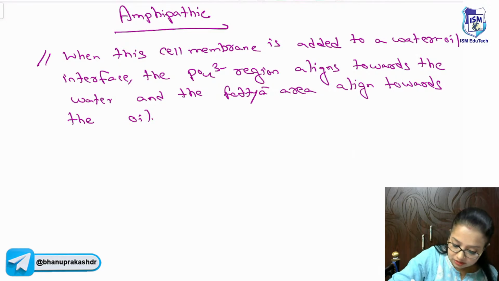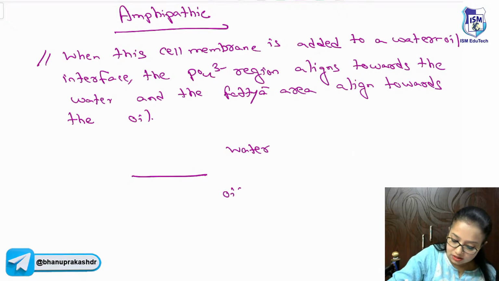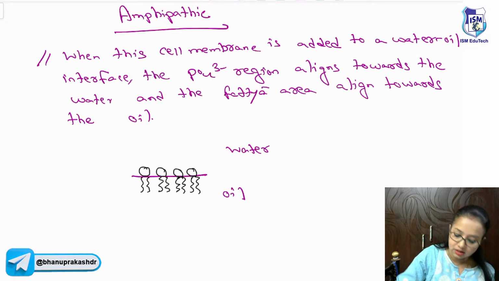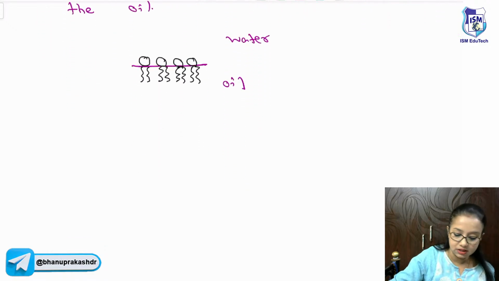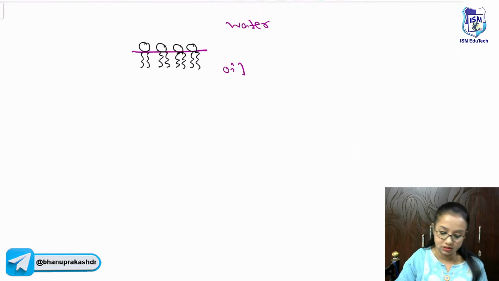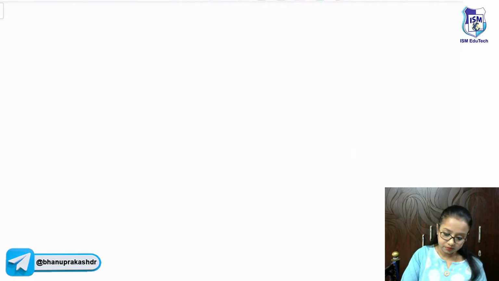So, if this is a water oil interface, this is the water and this is the oil. What we get to see is that towards the water, all the globular heads align, and towards the oil, the fatty acid tails align. This is how it looks. Okay, this is the structural view of it.